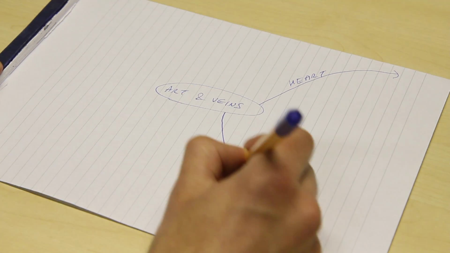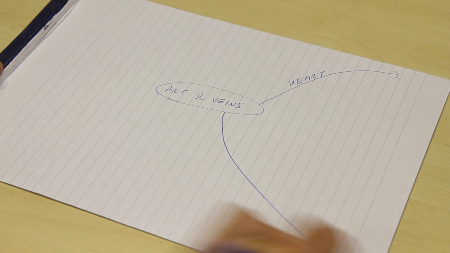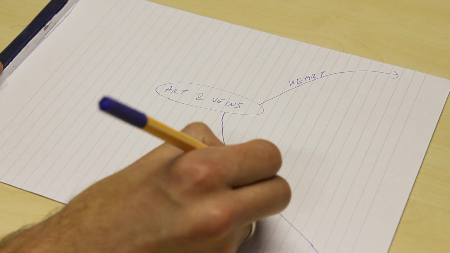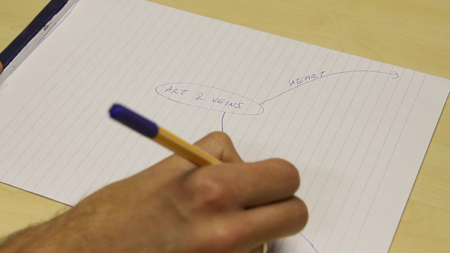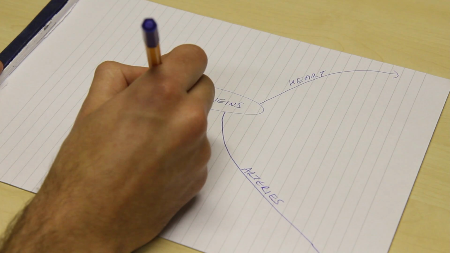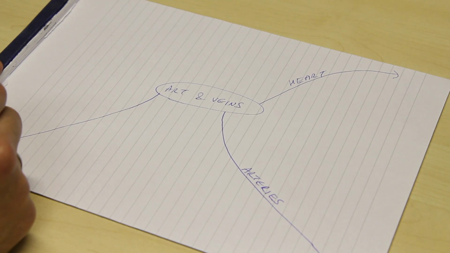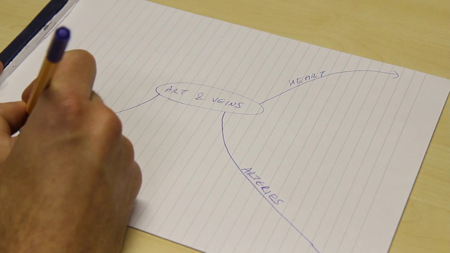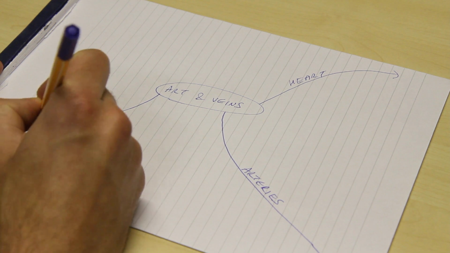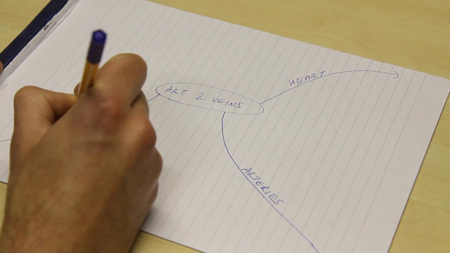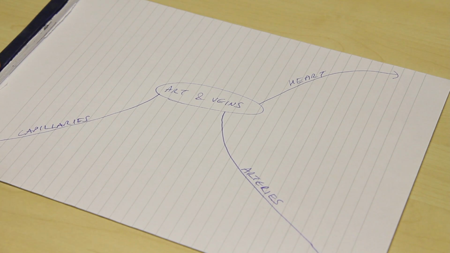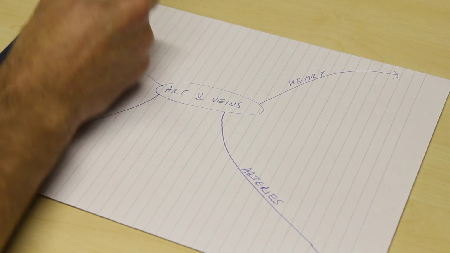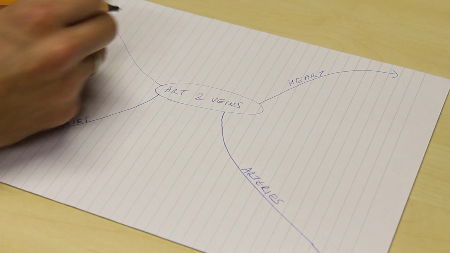Down here, the next thing the lecturer might have spoken about was the arteries, because those are the first ones as you follow the blood coming out of the heart. Then maybe down here, I'm going to draw an arrow to carve up that section of the page and say that this one is all about the capillaries, which are the network of fine blood vessels that connect the arteries with the veins, which is what this line up here is going to carve off an area for.